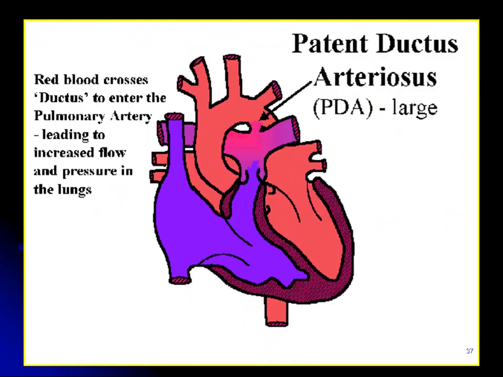This is a diagrammatic picture showing the salient hemodynamic changes in patent ductus arteriosus. The basic defect is the persistence of the ductus arteriosus, which normally closes within 72 days after birth. Persistence of these fetal vessels allows communication between the aorta and the pulmonary artery.